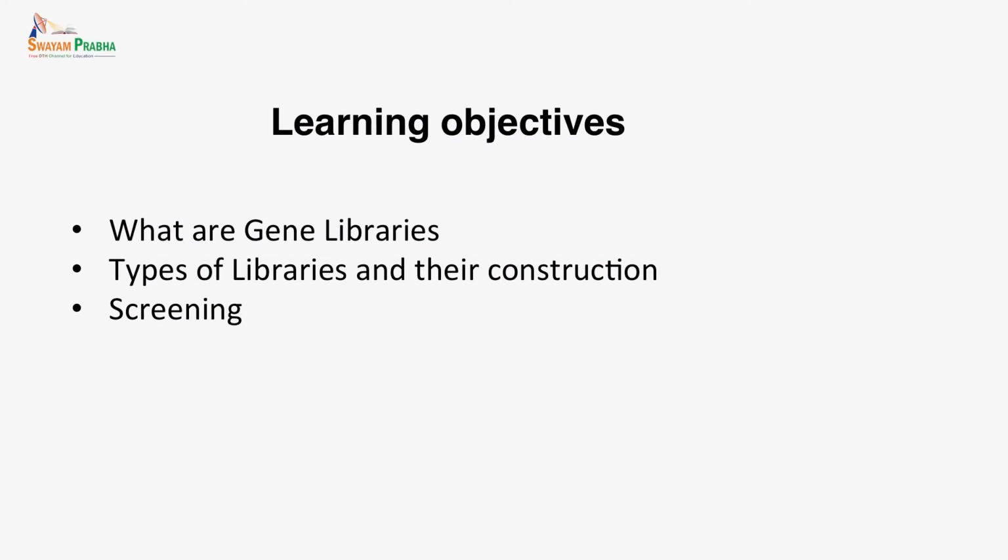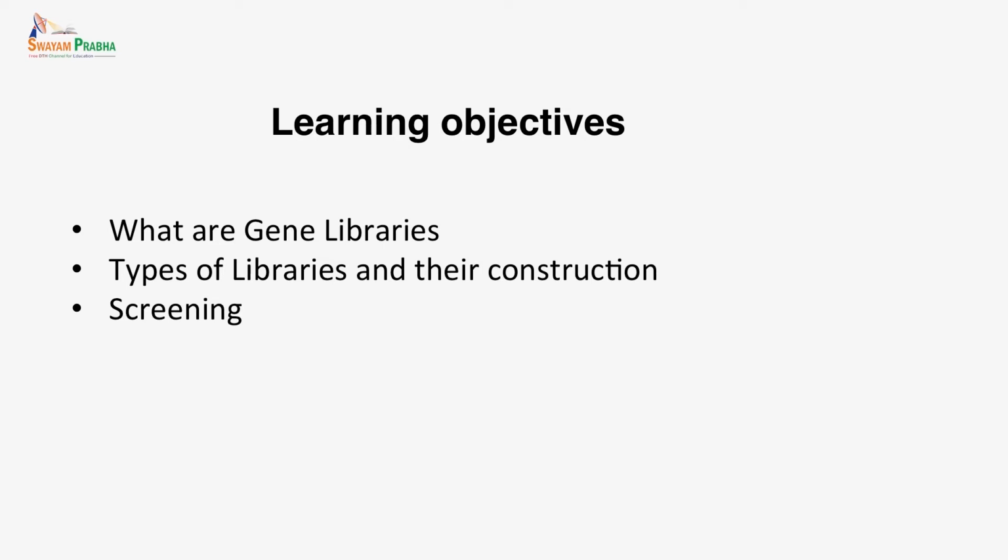Okay, so far in the last chapters that we have talked about, whenever we are talking about cloning, we are talking about cloning a DNA fragment or a gene into the cloning vectors. Now, in this chapter, we are going to talk about what gene libraries are.